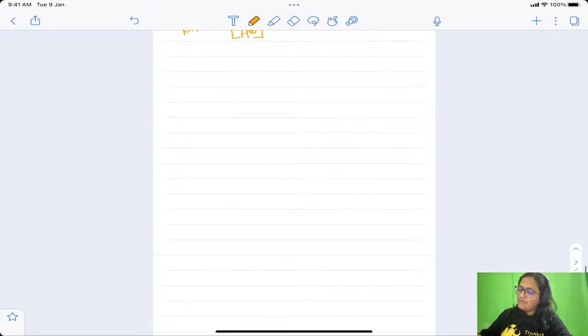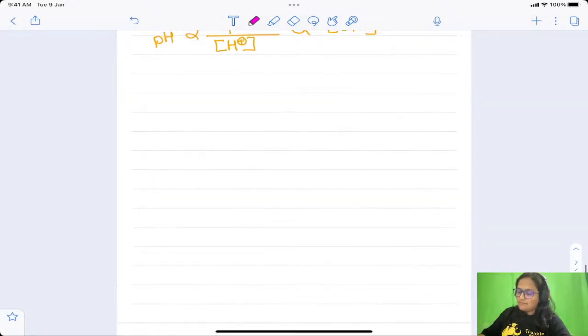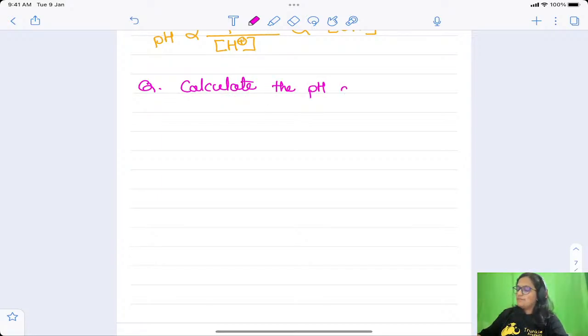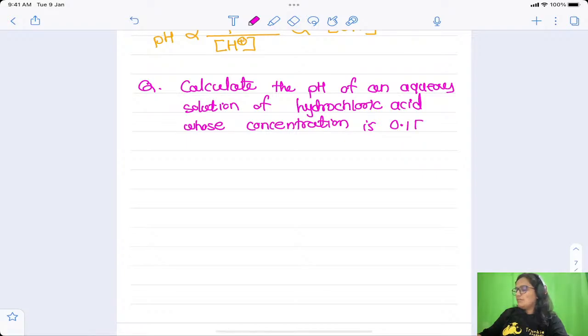So the first and simplest question I will write down: calculate the pH of an aqueous solution of hydrochloric acid whose concentration is 0.1 molar.